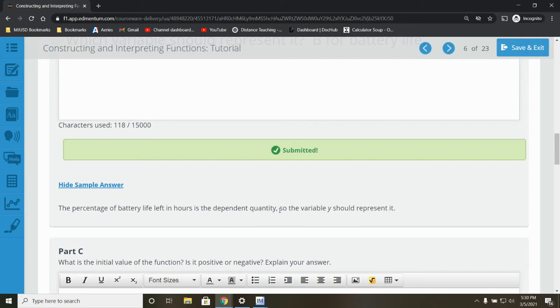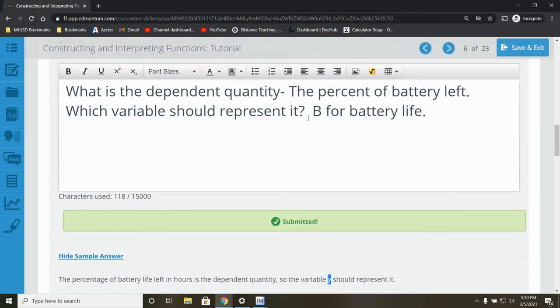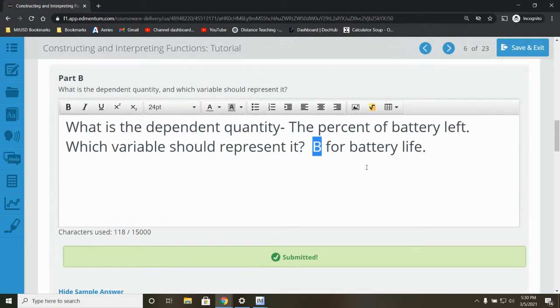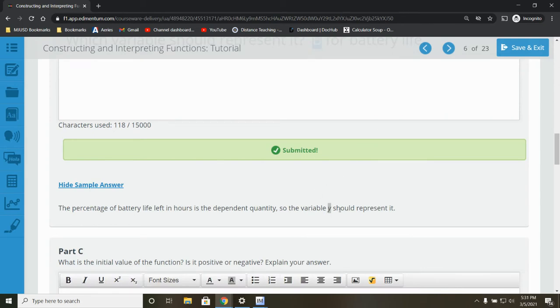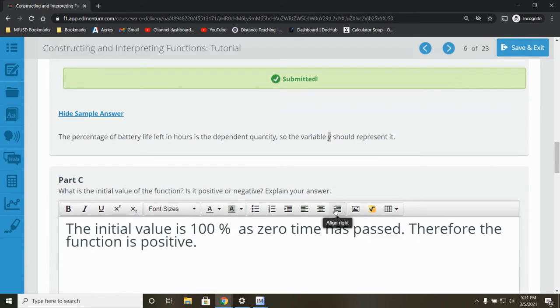So the variable Y should represent it. The Y goes at the beginning of our equation, and I have to get that straight in my head, that B doesn't stand for battery life. Y is the variable for battery life.